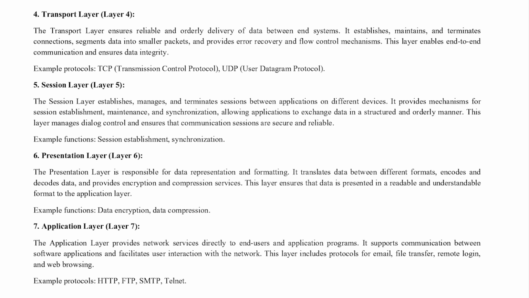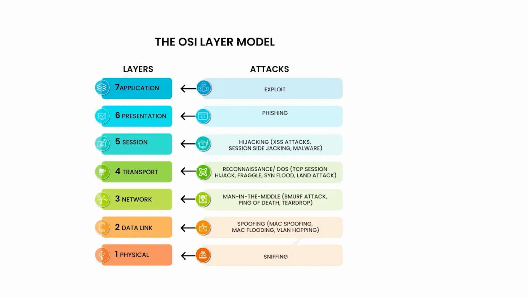Session layer, Layer 5. The session layer establishes, manages, and terminates sessions between applications on different devices. It provides mechanisms for session establishment, maintenance, and synchronization, allowing applications to exchange data in a structured and orderly manner. This layer manages dialog control and ensures that communication sessions are secure and reliable. Example functions: session establishment, synchronization. This is the OSI layer diagram.